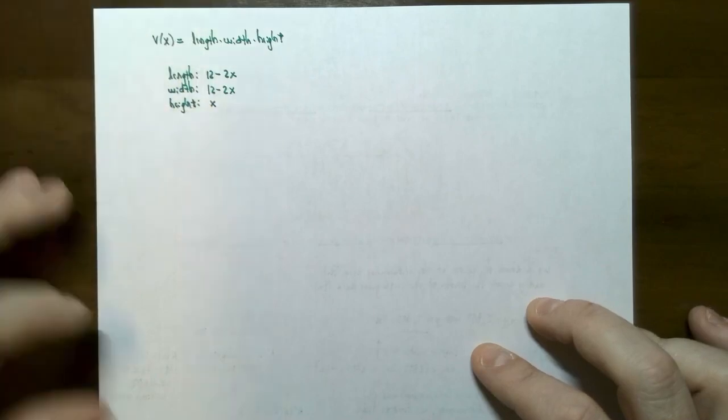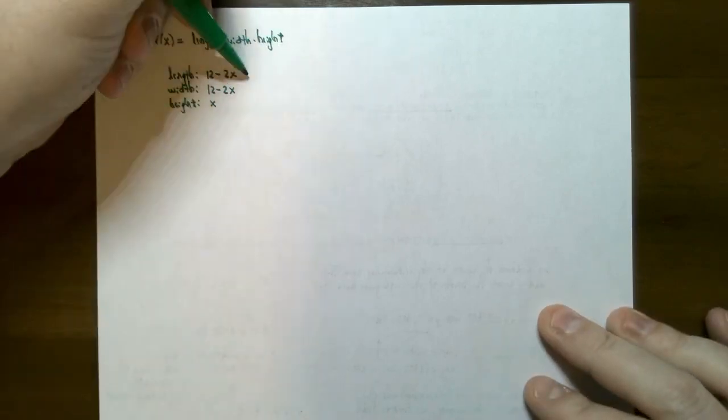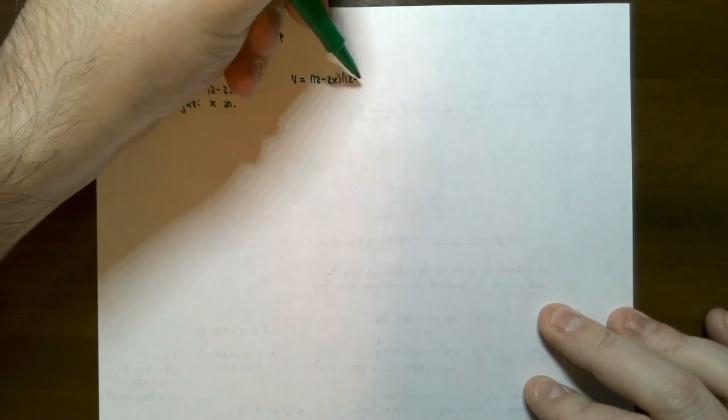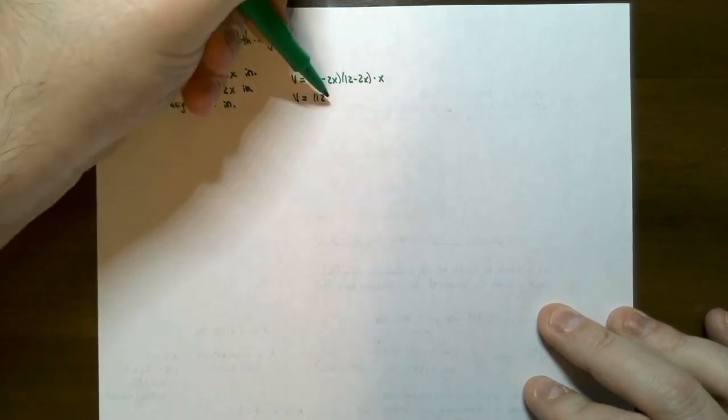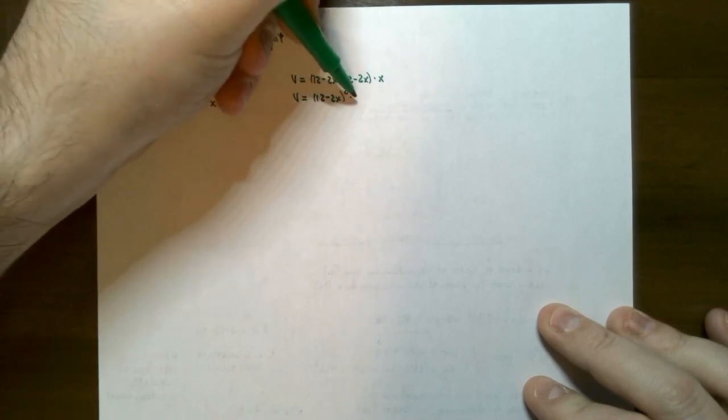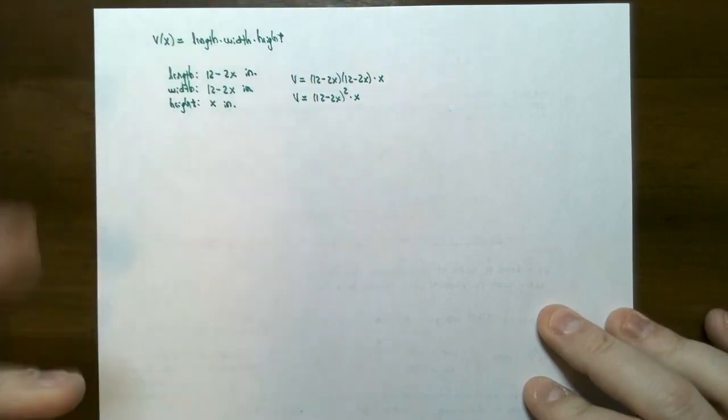So the height will just be x inches. If you multiply these three together, 12 minus 2x, 12 minus 2x, and then just x, you can combine the 12 minus 2x and get 12 minus 2x all squared times x. So there's the volume of the box.